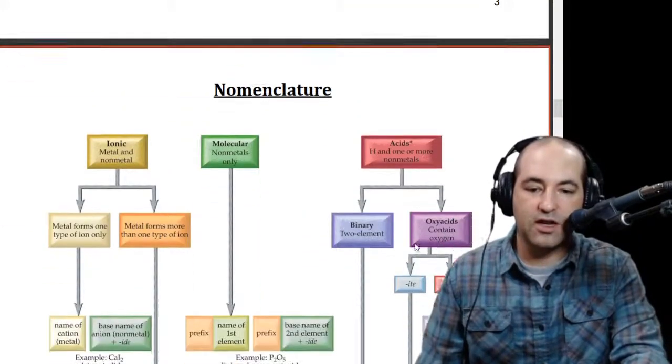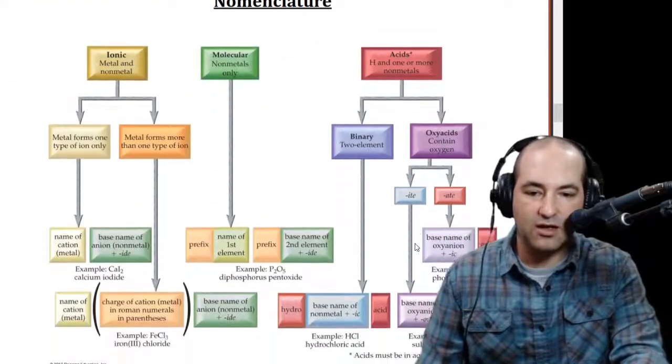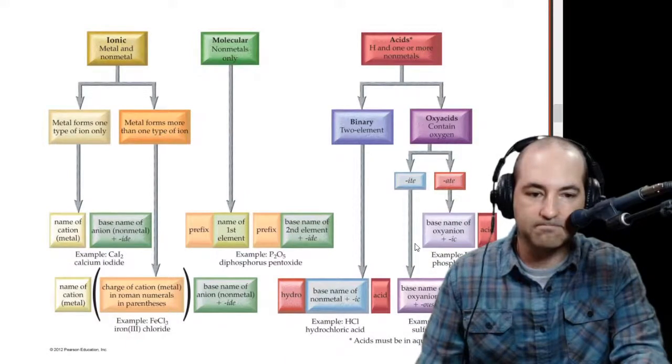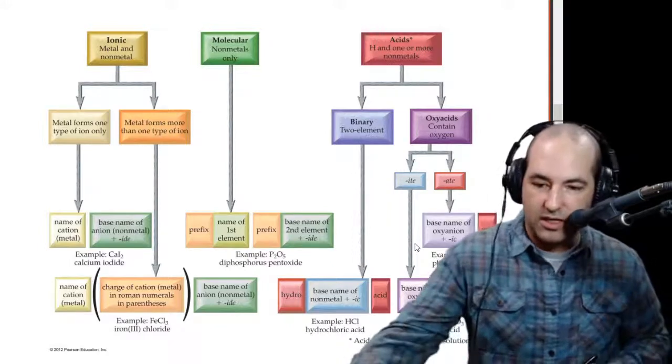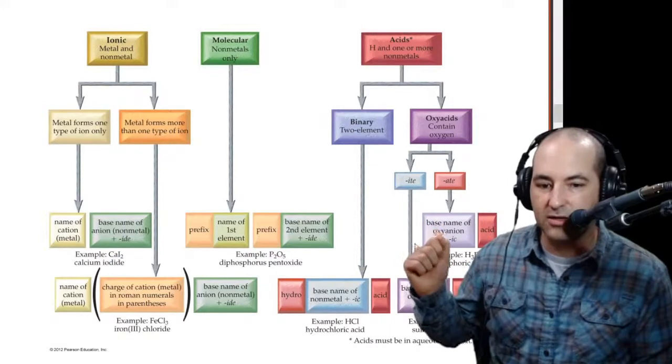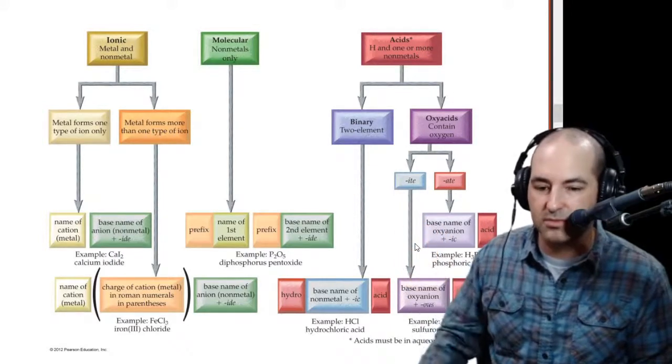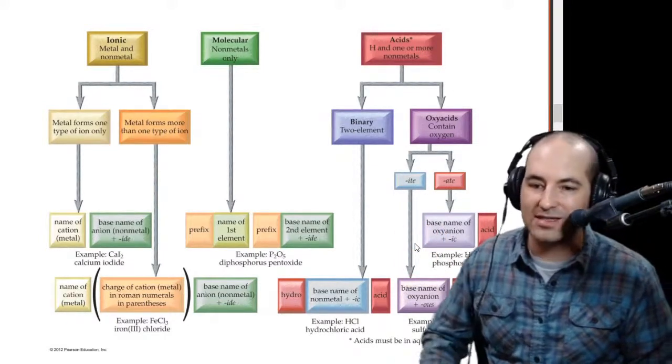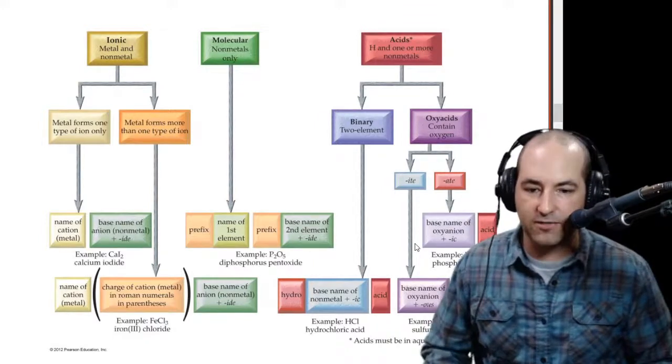Okay, let's get on to the naming part. Now this looks like a lot, and this is always kind of a tough part of the course, but we're going to take it step by step and we'll be okay. What you see behind me here is from a textbook, and it summarizes all the different ways you can name things.